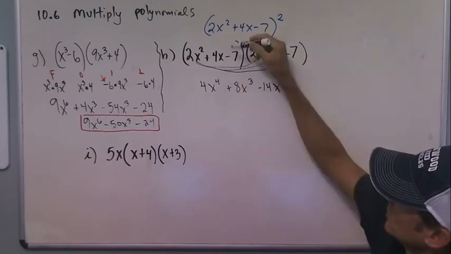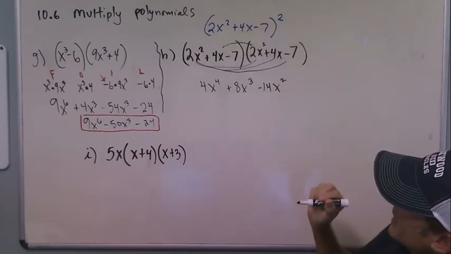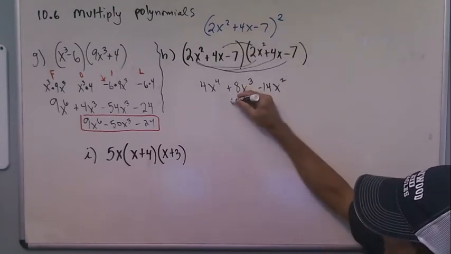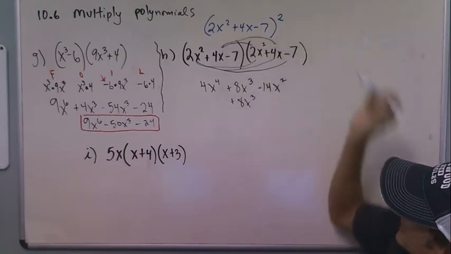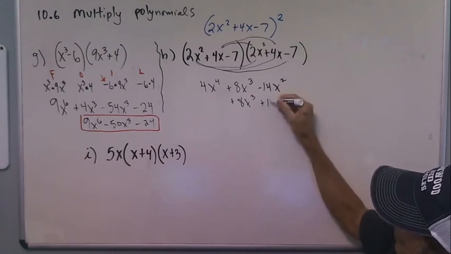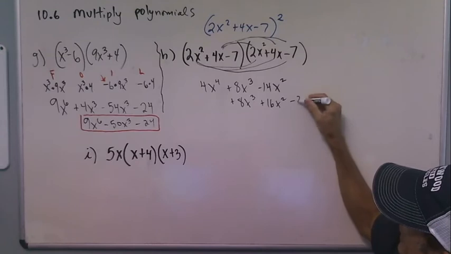Okay, so I have to hit this: 4x makes 8x to the 3rd. I'm going to line that up right here. This is my next 3 multiplications. 16x squared, and then minus 28x.